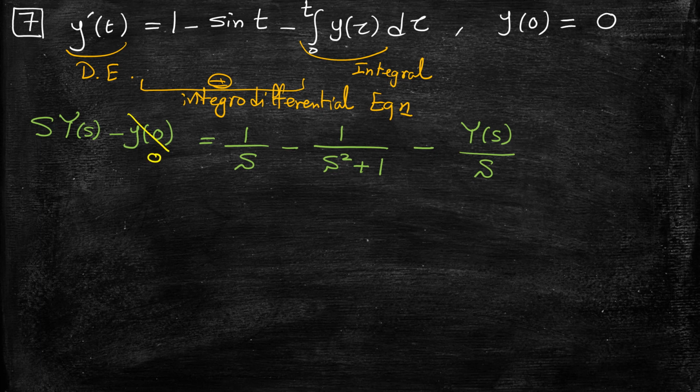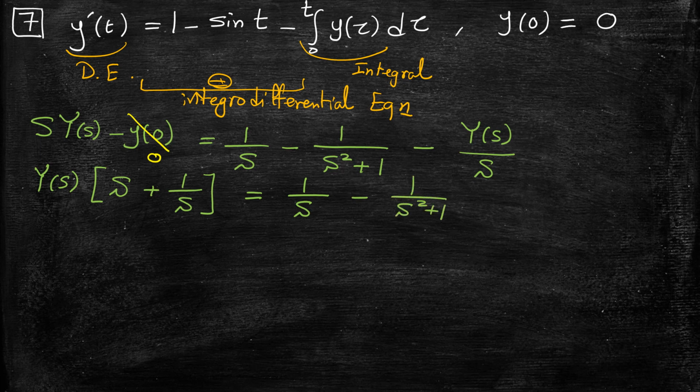So again, we need to simplify. It's the same steps, nothing new to be concerned about here. So this y of s will have this s, and I'll move this other term to the other side, so it will again have this 1 over s equal 1 over s minus 1 over s squared plus 1. So more simplification.